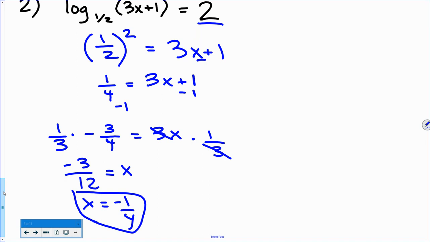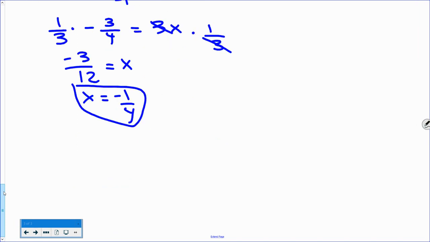Okay. Let's try another example. So log base x of 3 would equal 2.